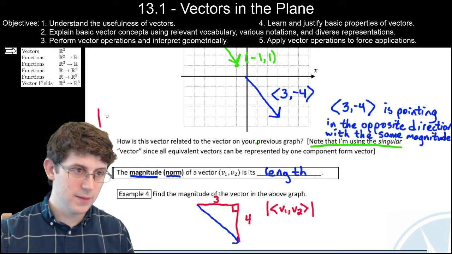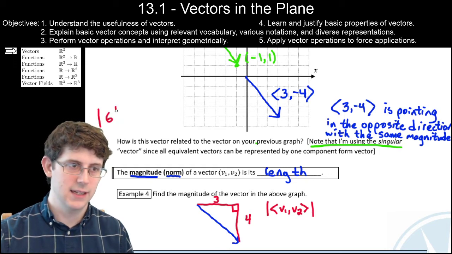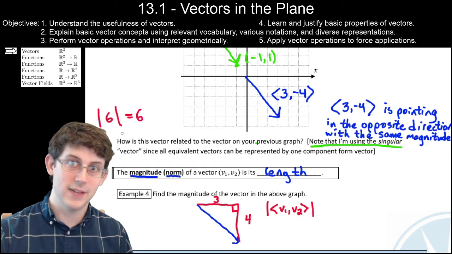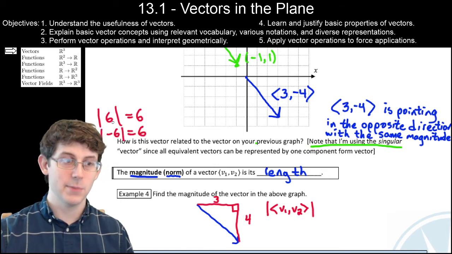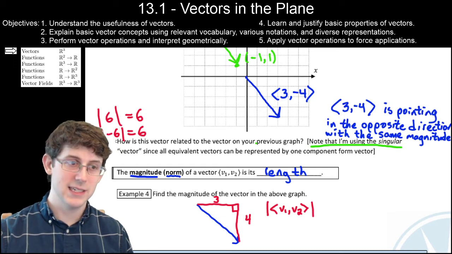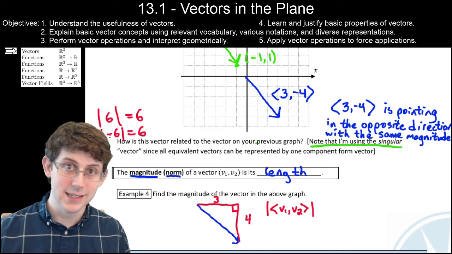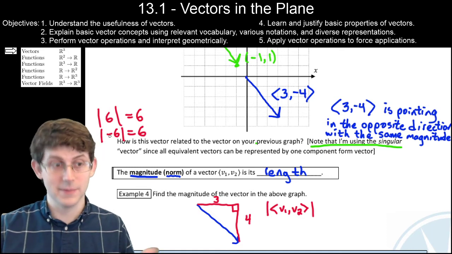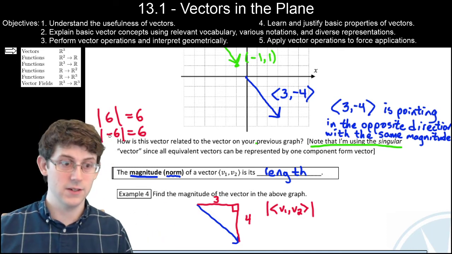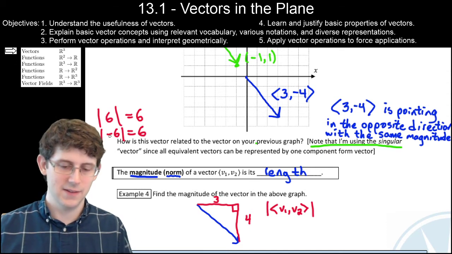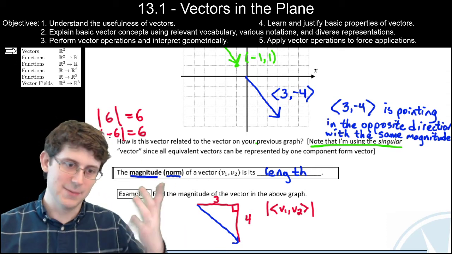If I put vertical bars around 6, you would say, that's the absolute value of 6. Or if I put vertical bars around -6, you'd say, that's the absolute value of -6. And in both cases, you get 6, which means that these numbers have the same size. It's just that one of them is positive and one of them is negative. So these absolute value bars are being used all over math to determine the size of an object. If there's ever absolute value bars around an object, that's its magnitude.